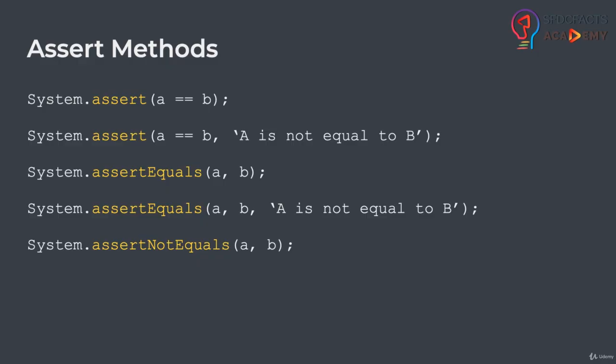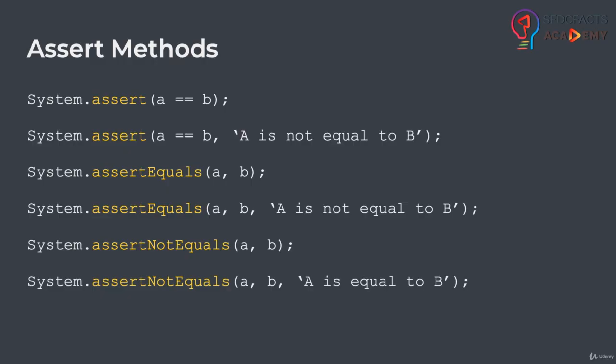So we generally use assertNotEquals to avoid one single value, where you just want to ignore one value and accept all the other values. So it's exactly opposite to the assertEquals. And it also accepts a third parameter where you can define your friendly message.